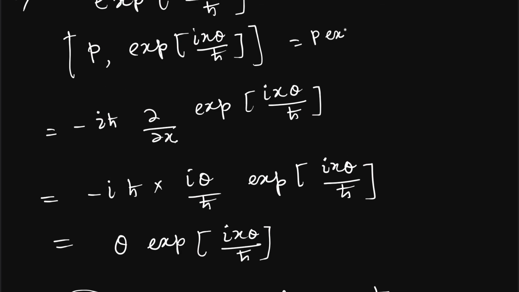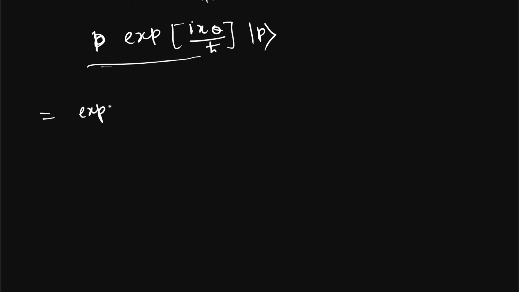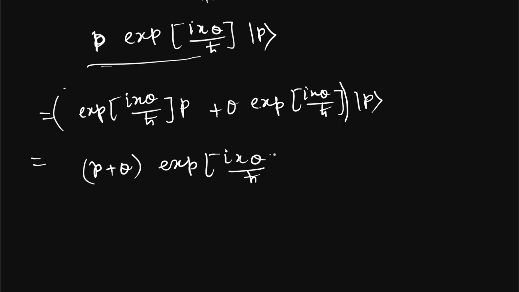This is P exp(i x θ/ħ) minus exp(i x θ/ħ) P. That means we will get exp(i x θ/ħ) P plus θ exp(i x θ/ħ). P operating on |p⟩ gives the same thing, and this will give p. That means (p + θ) exp(i x θ/ħ)|p⟩.